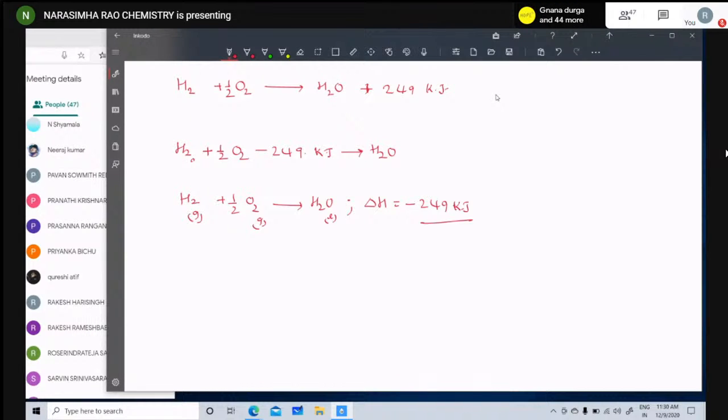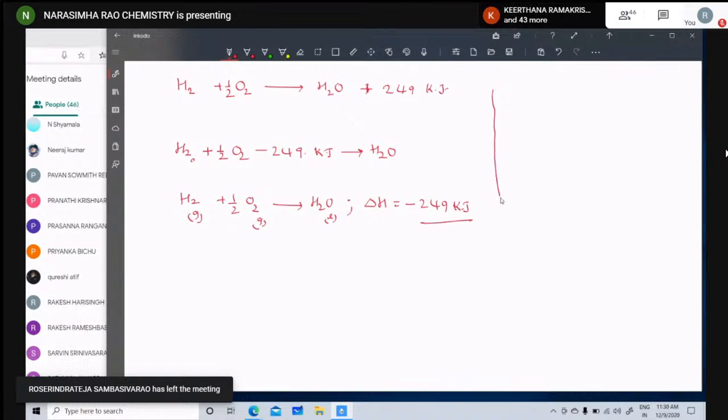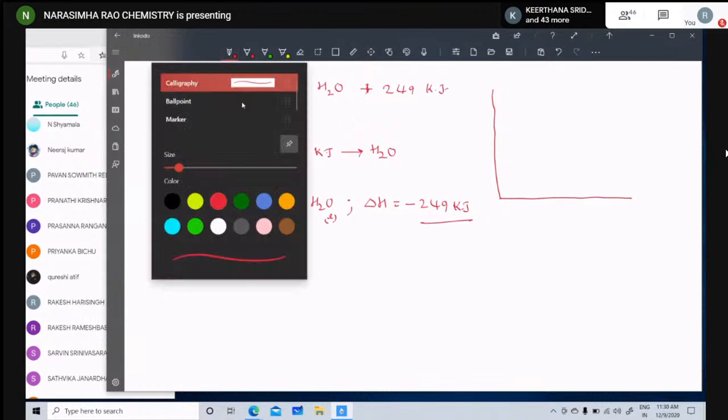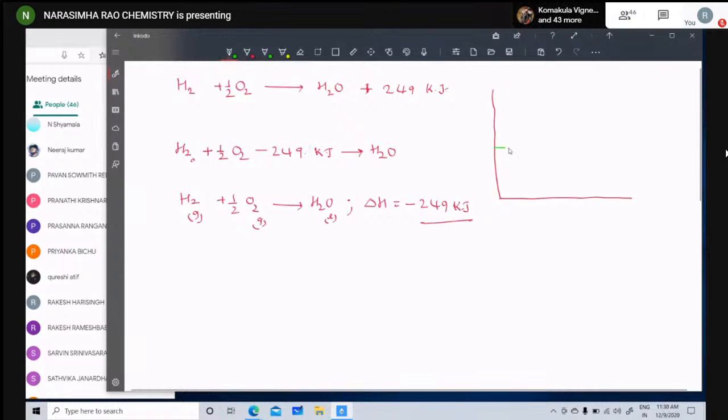Now I am taking a graph. This is the graph that I am taking. Now observe this one. This is the enthalpy of the reactant. This is energy, meaning potential energy, PE, versus reaction coordinate.